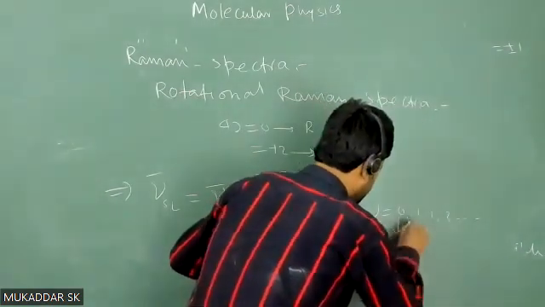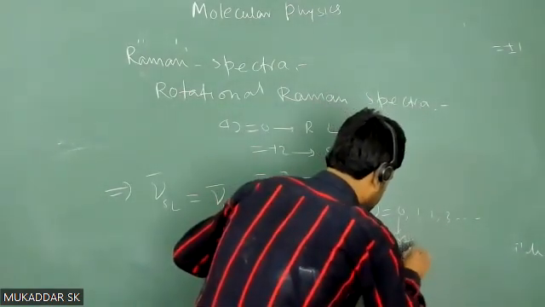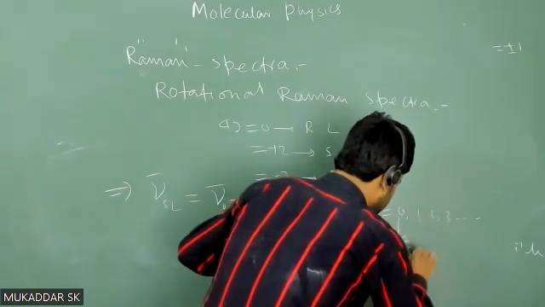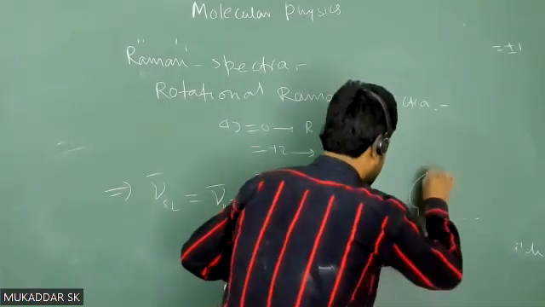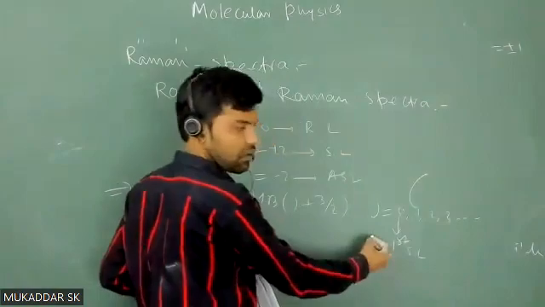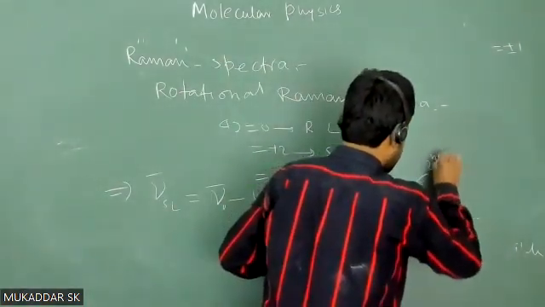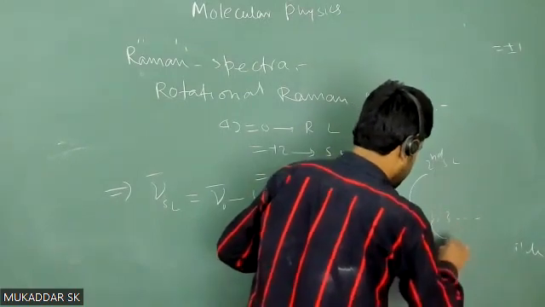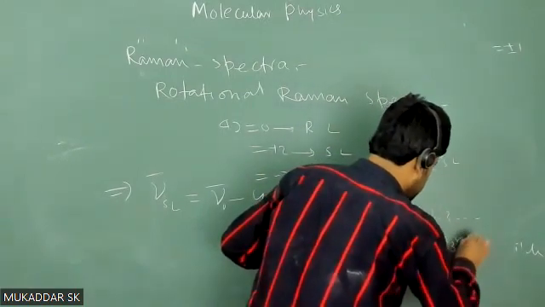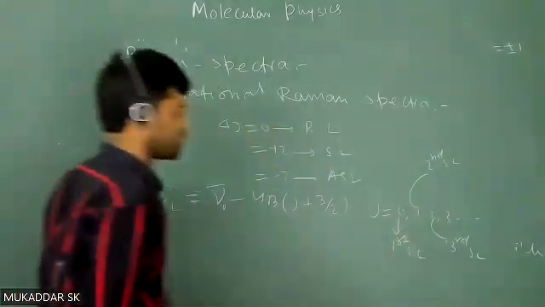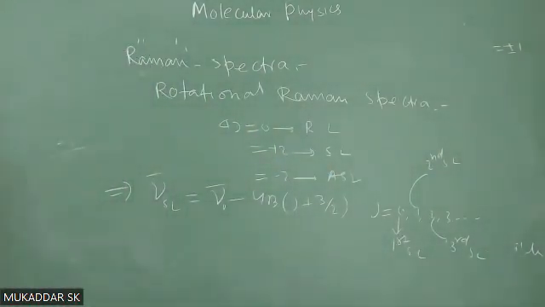So J equals 0 means location of first Stoke line, 1 means location of second Stoke line, 2 means location of third Stoke line and so on. This is the location of your Stoke lines. Okay, that will be nu 0 bar minus 4B(J plus 3/2).